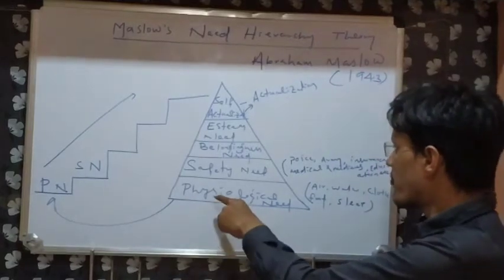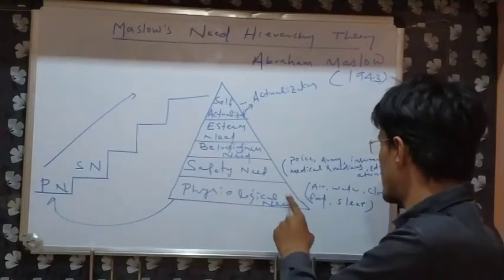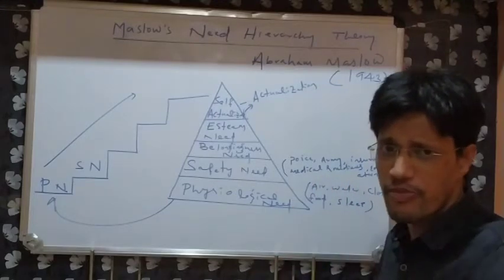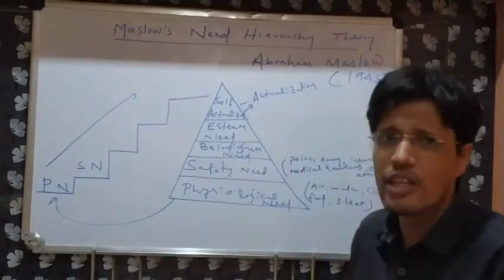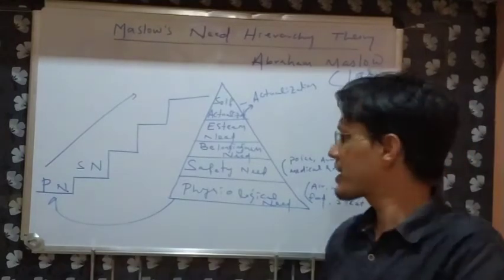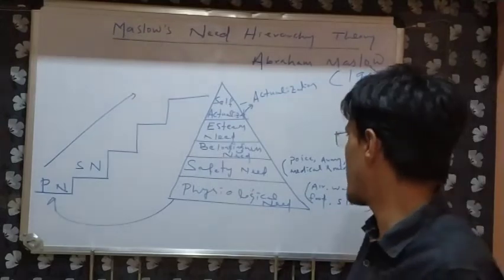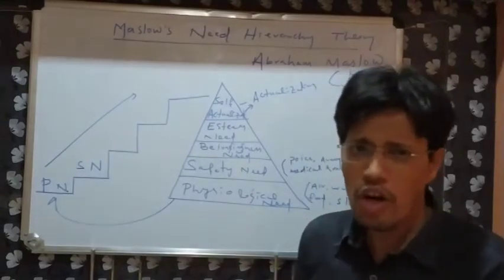So once the physiological need, that is the basic need, is fulfilled, the person immediately looks forward to how he can make his life and his family's life more safe and comfortable.